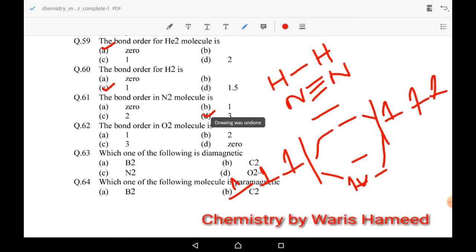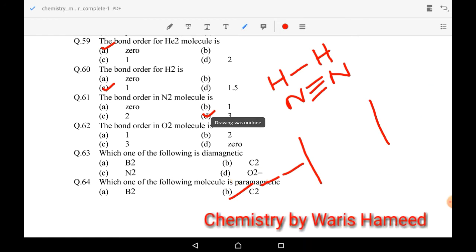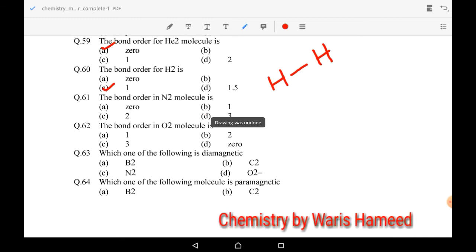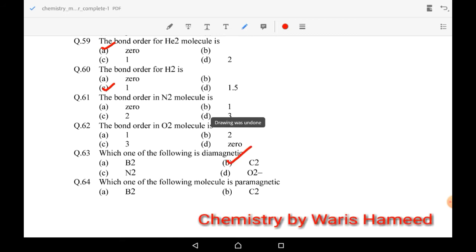In this case, carbon and nitrogen both are diamagnetic, so we can say that these two will have diamagnetic value. They will be weakly repelled by magnetic field. Both options can be correct.